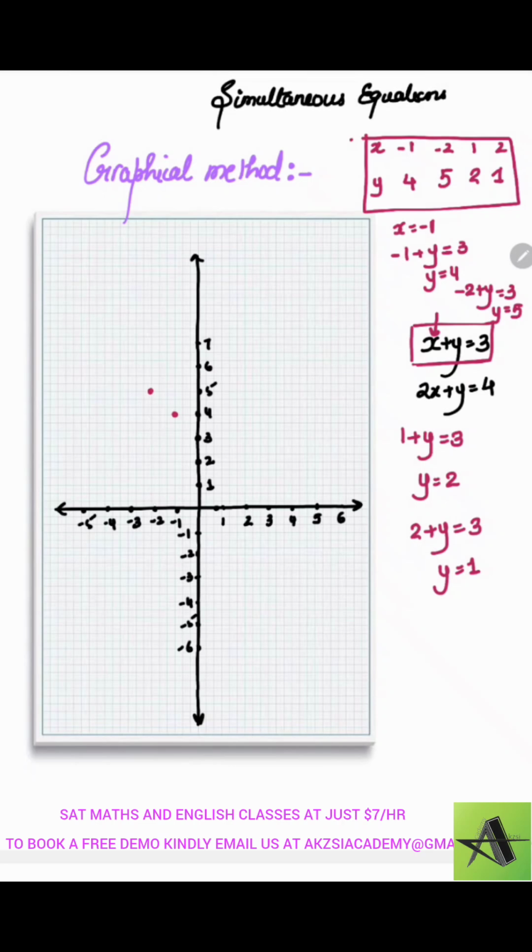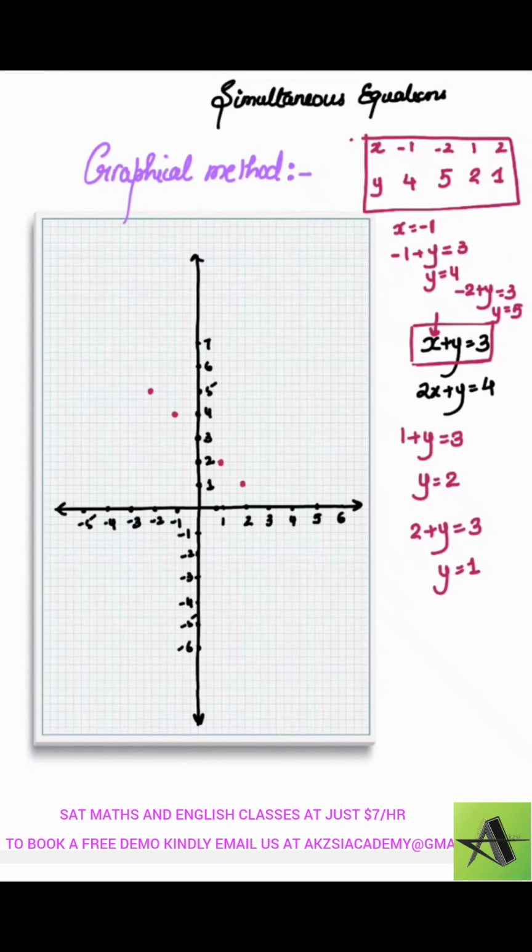For x equals 1, y is 2, so it's here. And when x equals 2, y is 1. Now we have to join all the points together and we'll get a straight line.